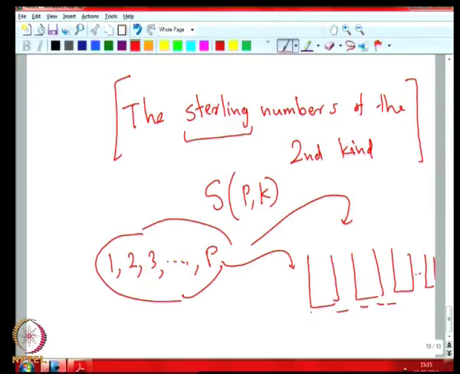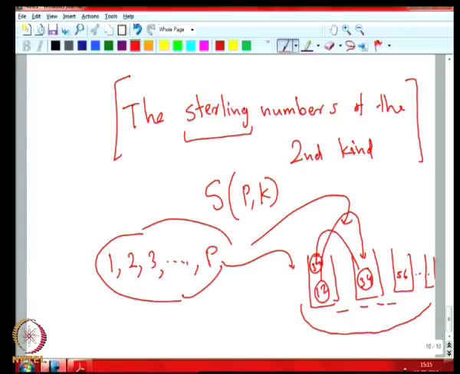The second condition is the boxes are indistinguishable. That means we cannot tell. Suppose you put 1, 2 here and 3, 4 here, 5, 6 here and so on, and then I take 1, 2 from here and put it here and 3, 4 there, that is not going to make any difference.